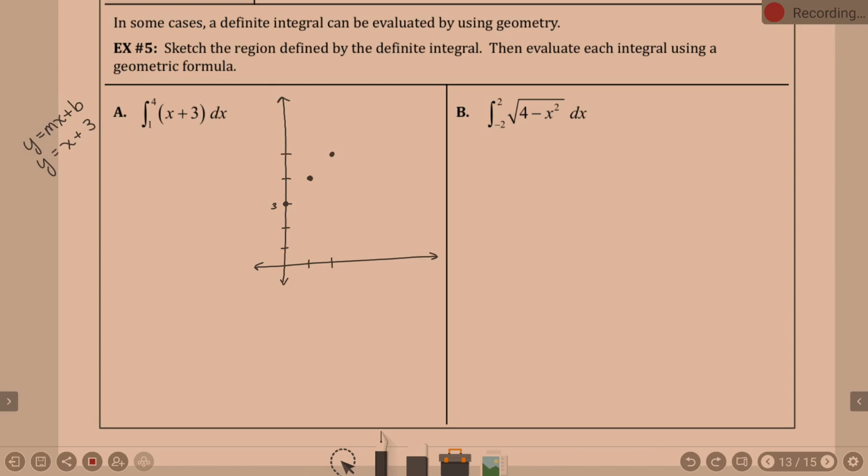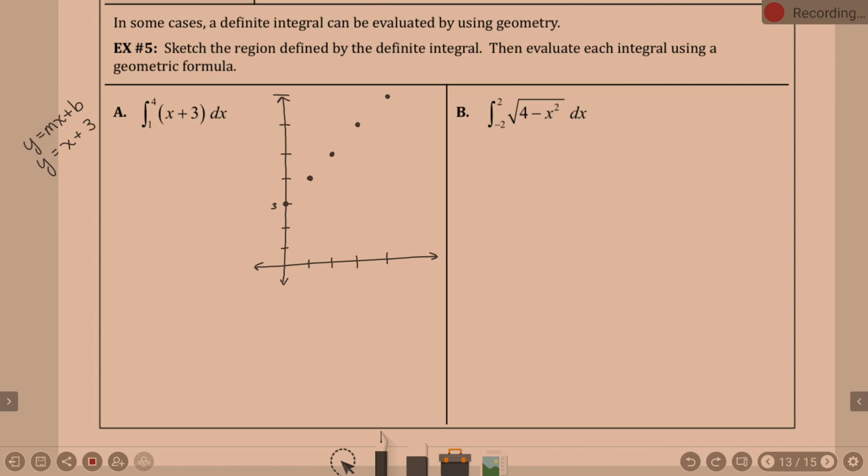Next point is 3, 6. Next point is 4, 7. How far do I have to go? That's it. 4. I haven't gone too far though, have I?